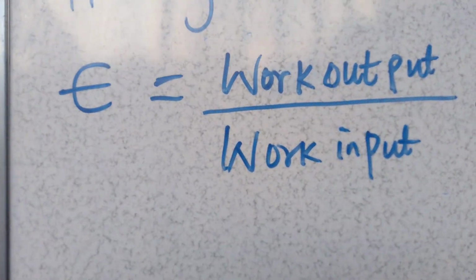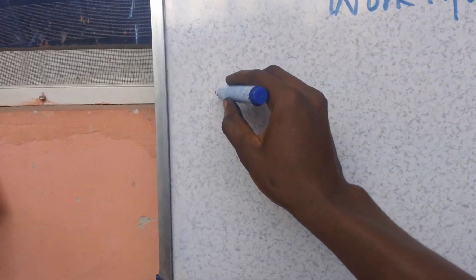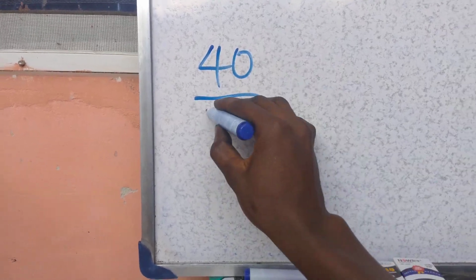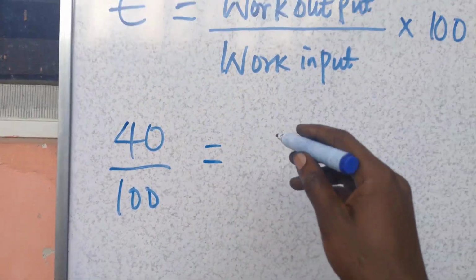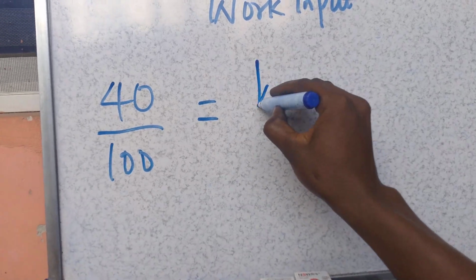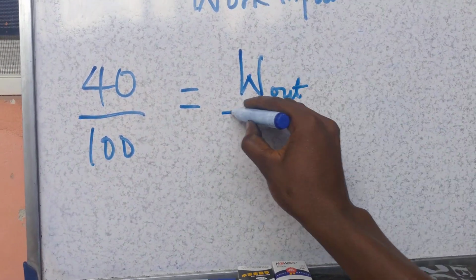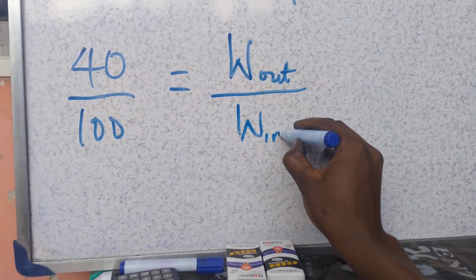So my efficiency is 40%. That's 40 over 100 equals my work output, W out, over work input, W in.